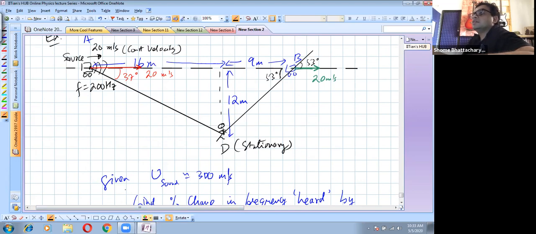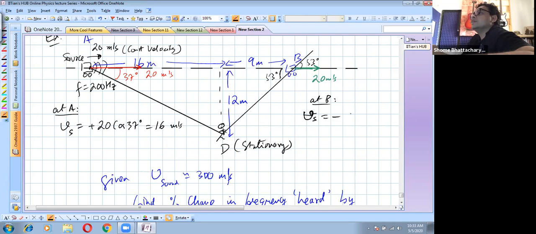Okay. So from that you can see that at E, we will take the component of the source velocity towards the detector as positive 20 cos 37. So 4/5 of 20, so that is 16. And at B, we will take the component of the source's velocity towards the detector as a negative quantity because this component is actually going away.